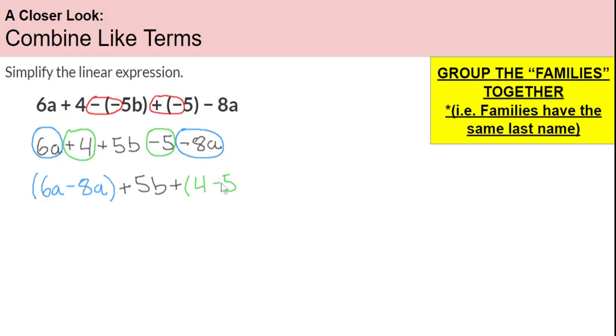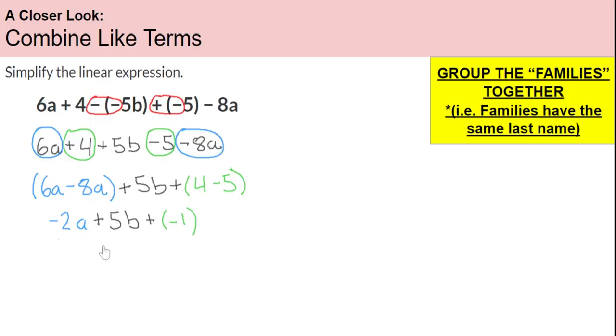So we solve it. 6a minus 8a. It's kind of like adding and subtracting fractions. You don't add or subtract the denominator, so leave the letter alone. And then 6 minus 8 is negative 2. So I got negative 2a plus 5b plus 4 minus 5, which is negative 1.